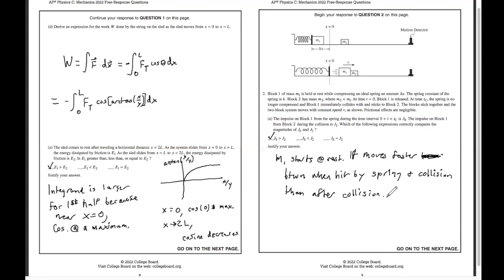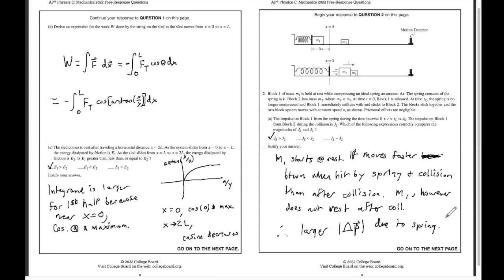Now keep in mind that M1, however, does not come to rest after the collision. Therefore, we have a larger magnitude of change in momentum due to the spring, because the change in velocity is greater.